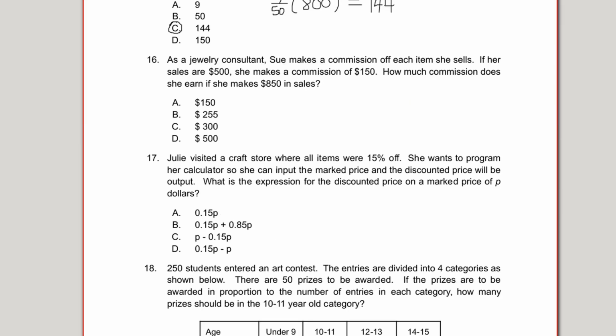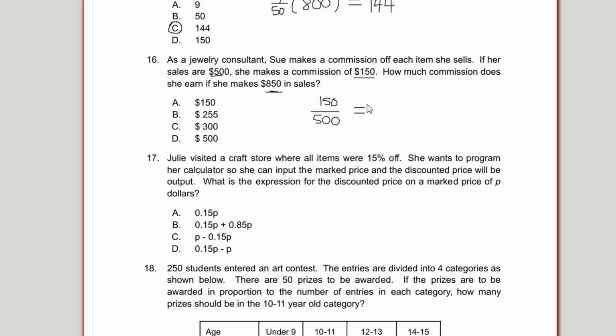Question 16 says, as a jewelry consultant, Sue makes a commission off each item she sells. If her sales are $500, she makes a commission of $150. How much does she earn if she makes $850 in sales? So there's a couple of different ways we can set that up. We know we can look at what percent she makes, and to do that, we would say 150 out of 500.